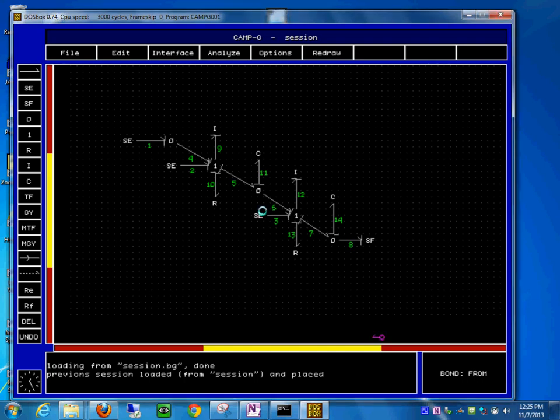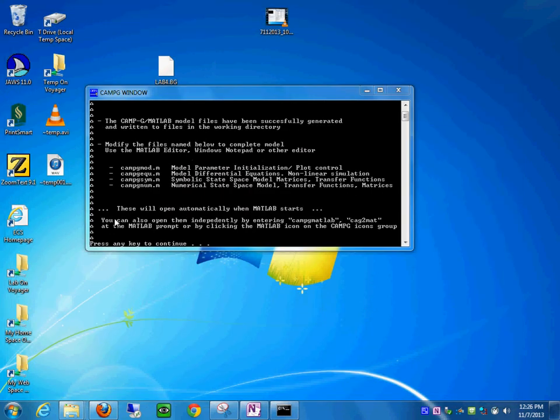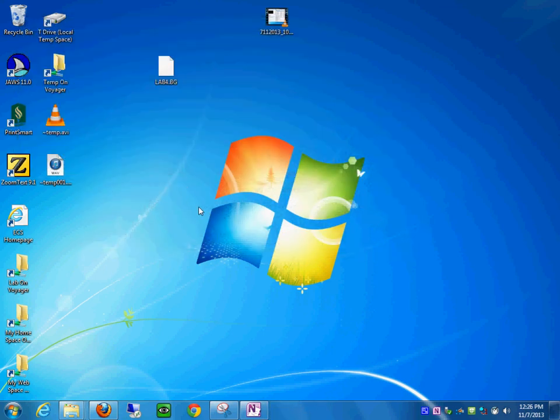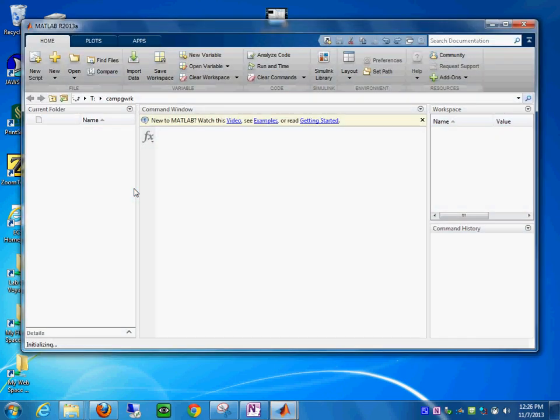So we are going to go to the interface here to MATLAB to generate our model, and we're going to let CAMPG and MATLAB speak with each other, do an interface in there, and get this model onto the screen.